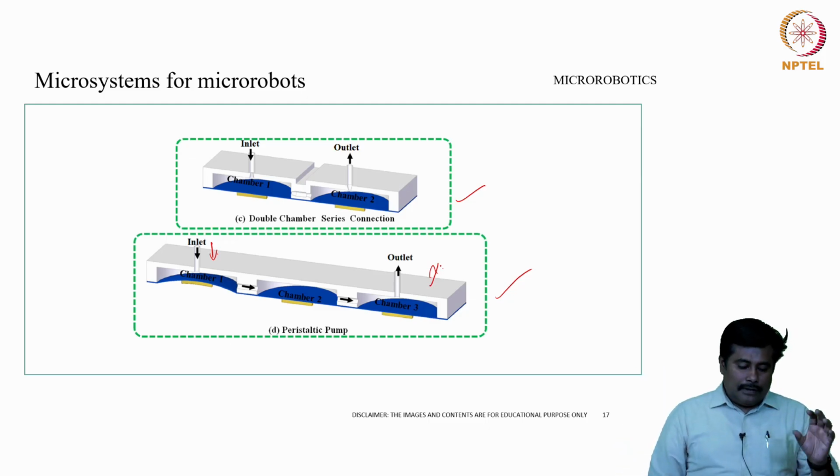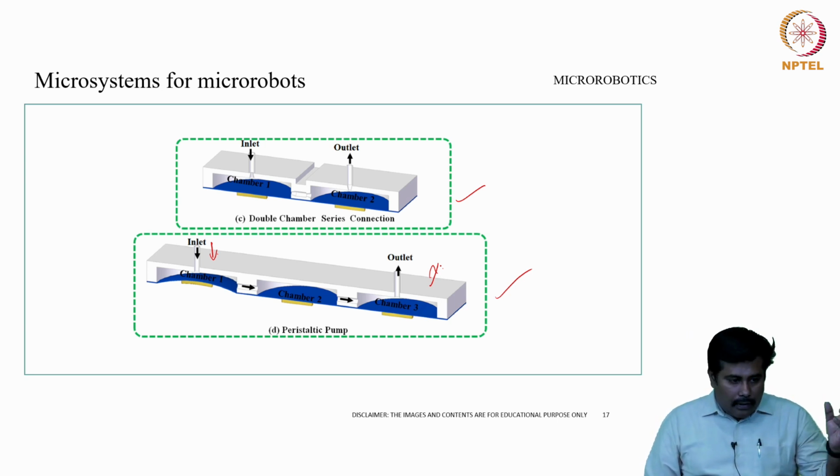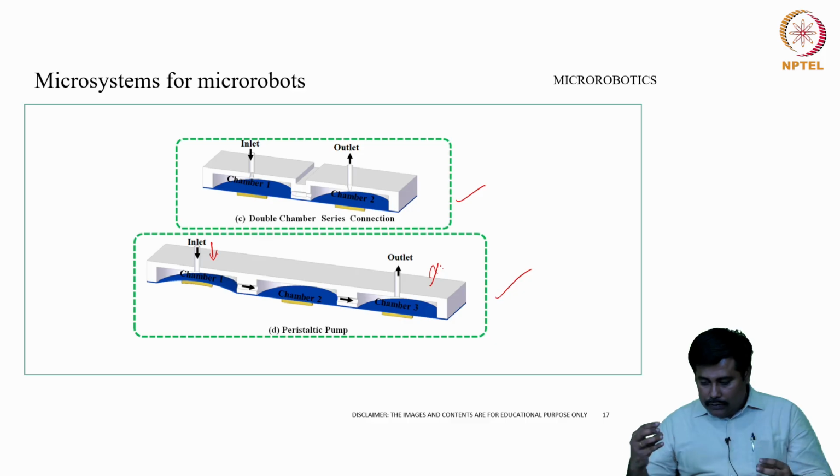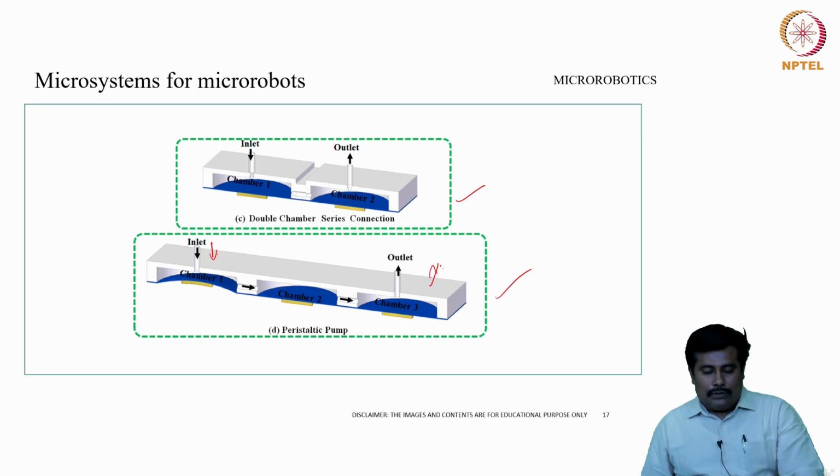So, what is happening is from chamber 1 we collect the fluid, and it is stored in chamber 2, and once again through chamber 1 a suction happens and then it is made to pass through chamber 2.